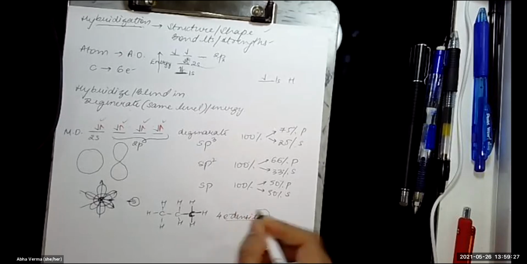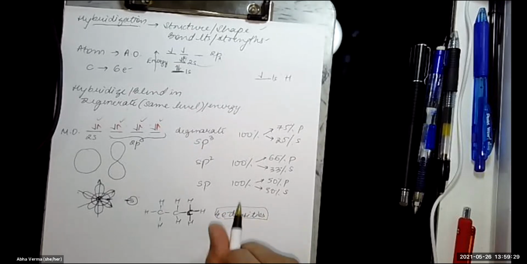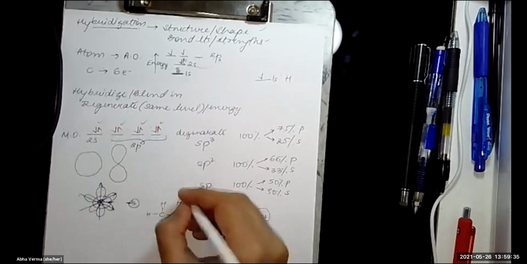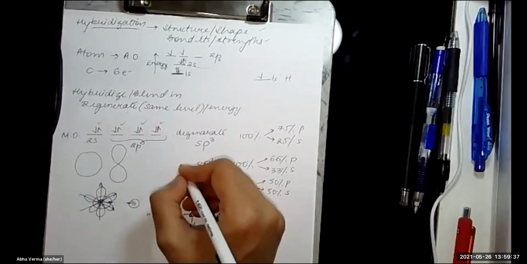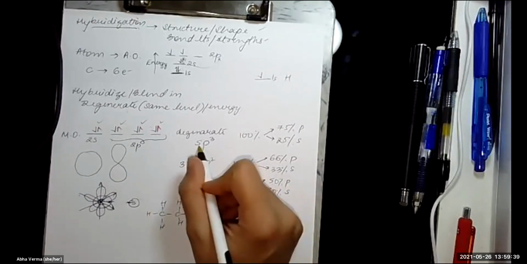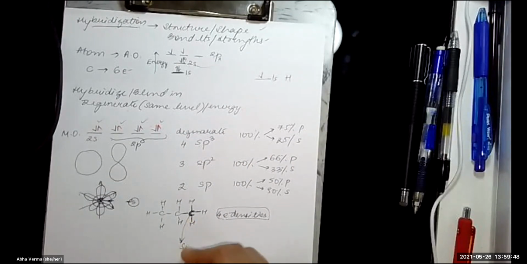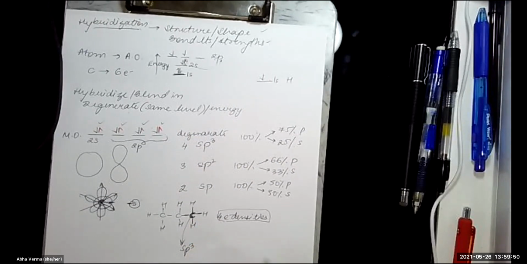What is the hybridization associated with it? This has sp, so 2 domains. This has sp2, so 3 domains. This has sp3, so 4 domains or 4 electron densities. So this carbon is sp3 hybridized.